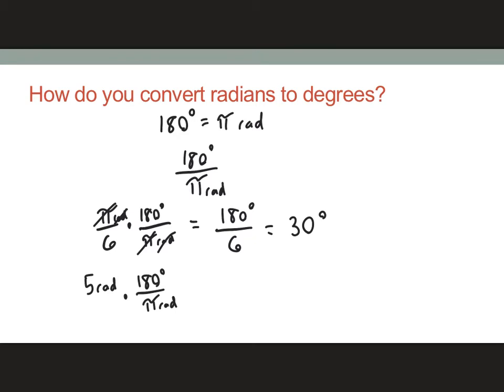So 5 times 180 is 900. And then the pi just gets multiplied by 1 on that side. But the radians are going to drop out. So now we have 900 degrees divided by pi, and 900 divided by 3.14 is approximately 286.479 degrees.